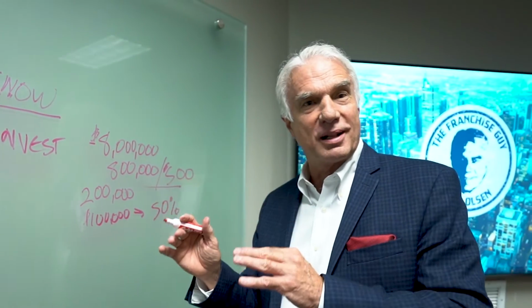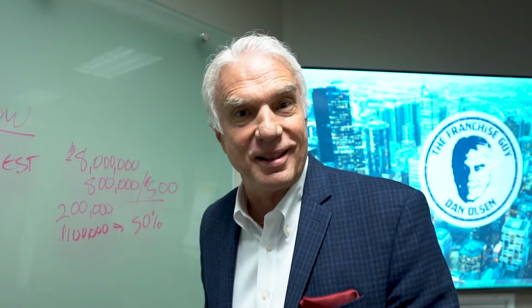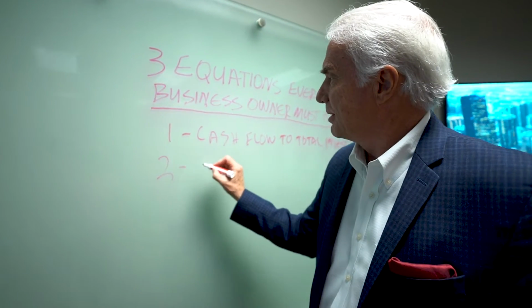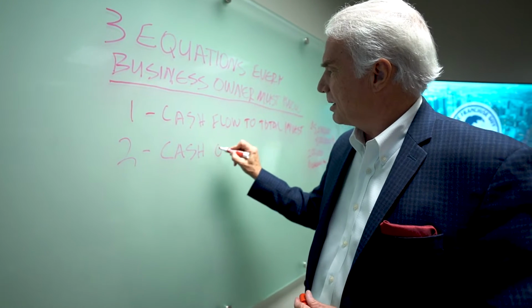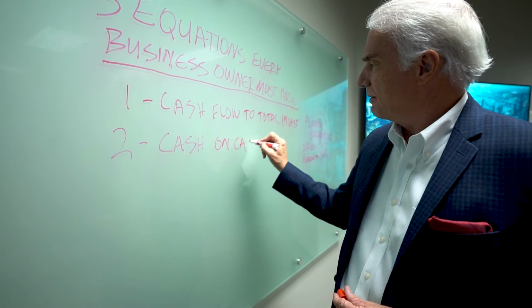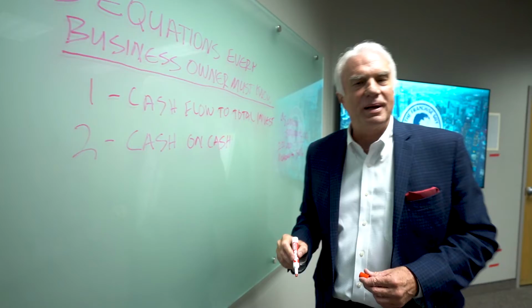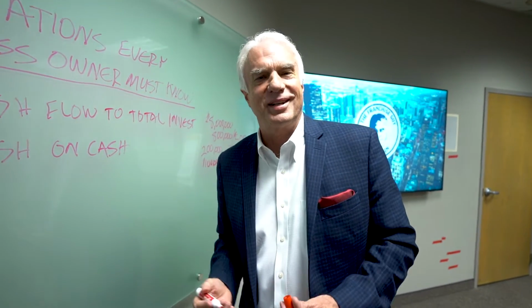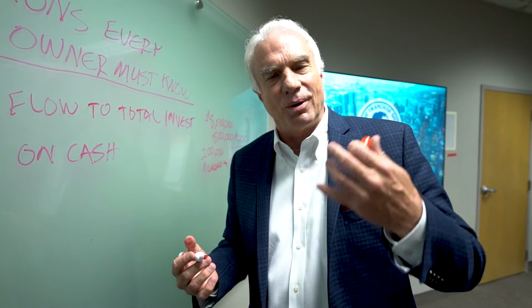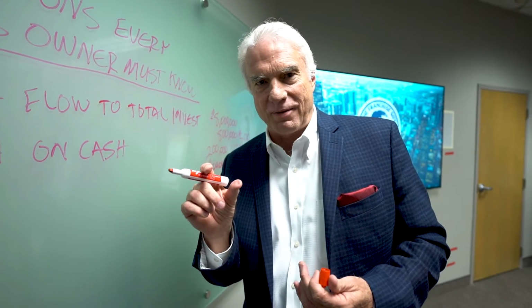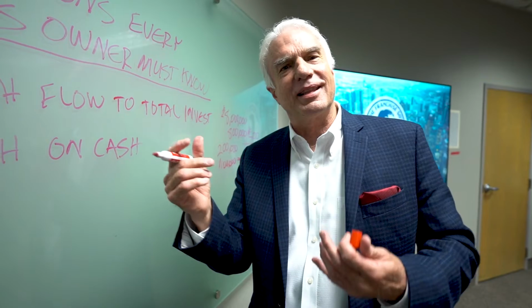So that's one way to look at it. But it gets better than that. Number 2 is what we call cash flow on cash invested. So in many cases, you can leverage that cash flow. You can invest funds where only a certain piece comes out of your pocket to allow you to get that high return.